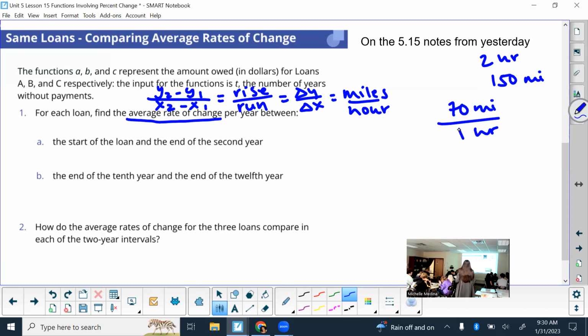Not necessarily, like I could have gone really fast for some of it and then pretty slow for another part of it, but on average, that's what I drove. So that's the same concept here. If we're looking at a loan, I'm finding the difference in my final amount minus my starting amount, how much time has passed, and I'm averaging it and figuring out about how much was accrued each year.